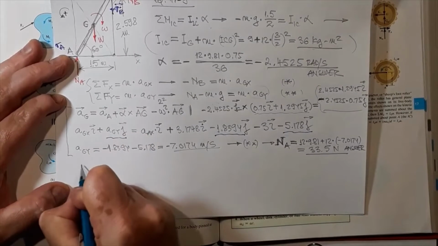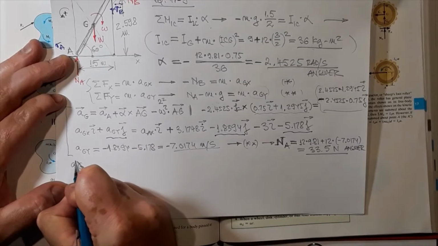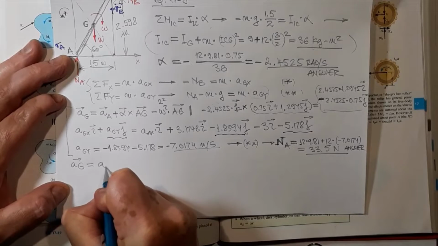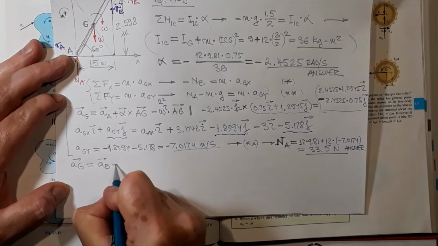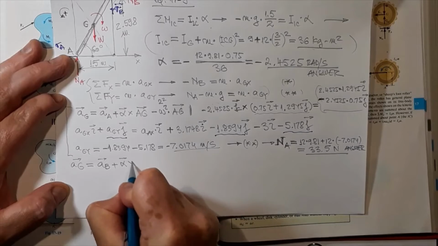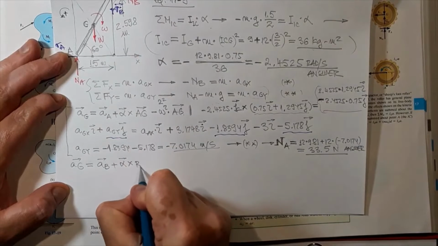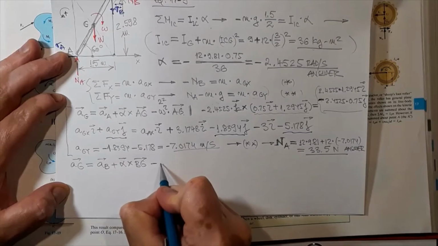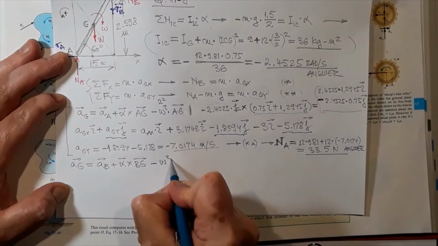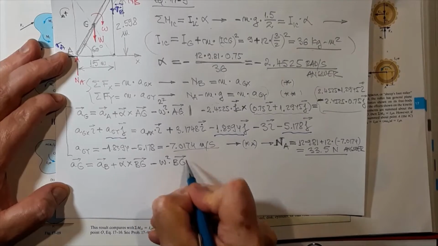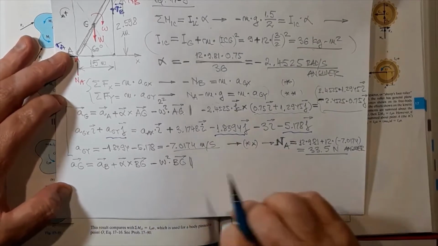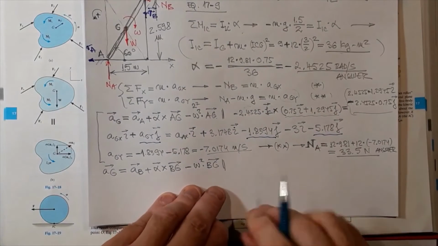So I say now the acceleration of G vector is acceleration of B plus alpha vector crossed with the position vector from B to G, minus omega squared times BG. All right, here we're going to see a cross product.